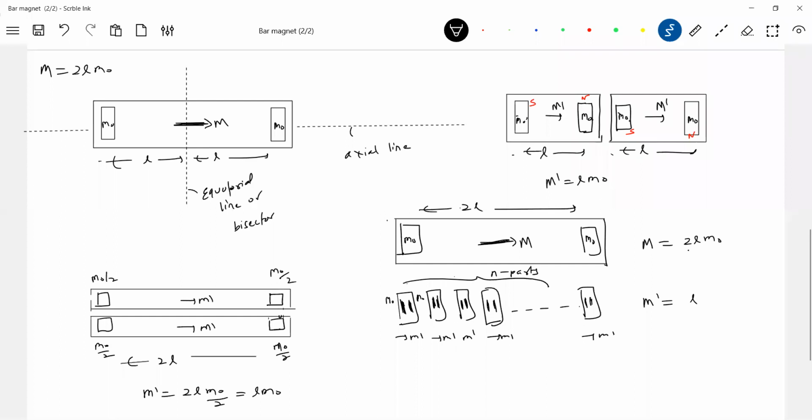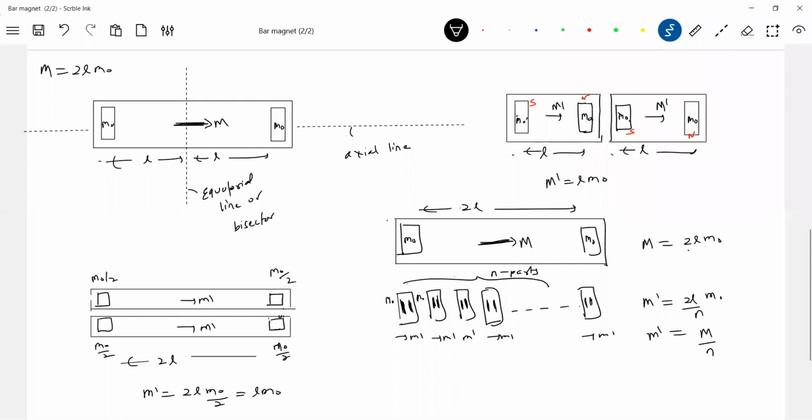The magnetic length decreased, so it is 2L by n. So 2L m naught is M. So if you cut a bar magnet perpendicular to the axial line into n parts, then the dipole moment of each part will be M by n.